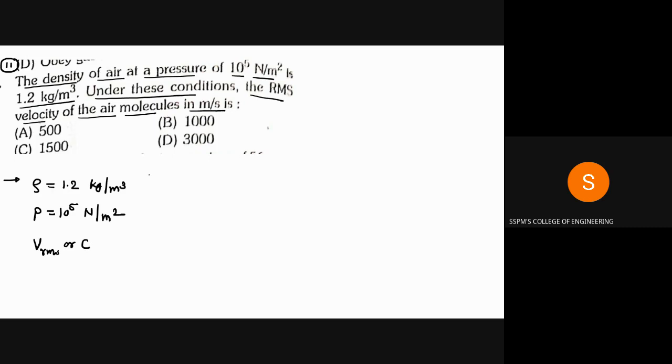Okay, so we have seen the standard relation for the RMS speed. V RMS is equal to square root of 3p upon rho, or we have the second equation, which is equal to square root of 3 into gas constant into temperature divided by the molar mass, M naught.